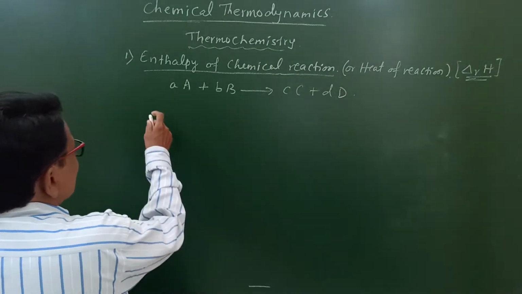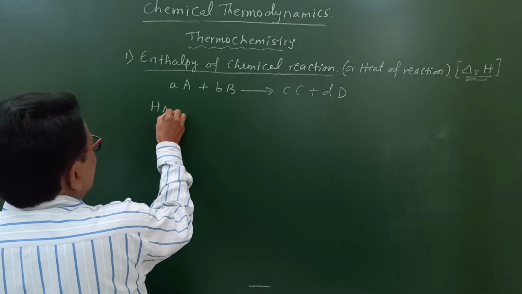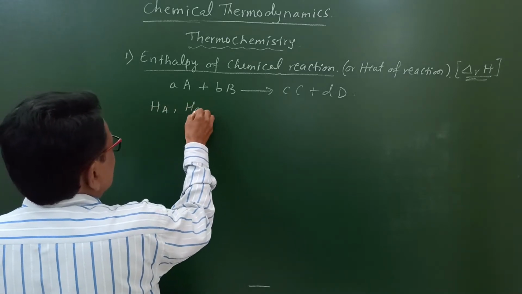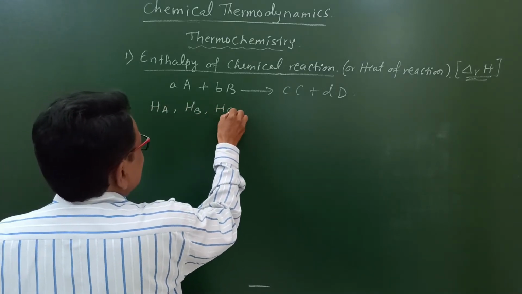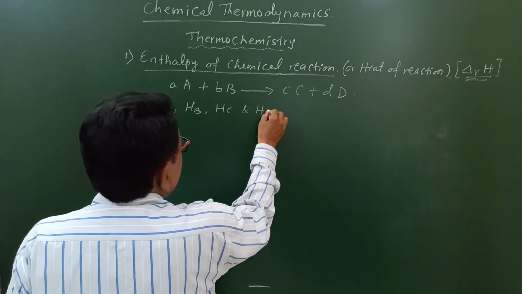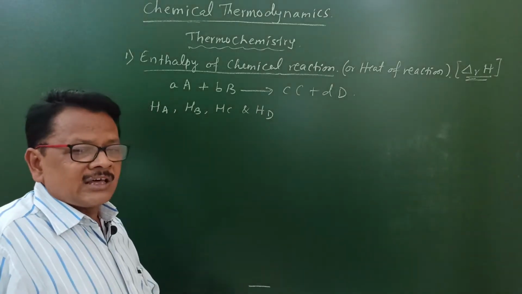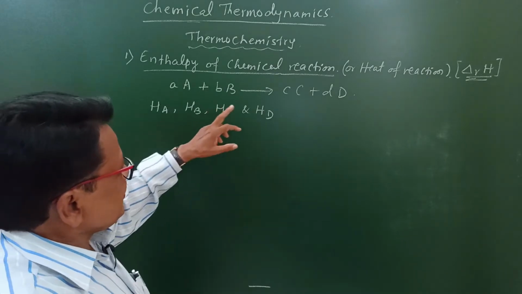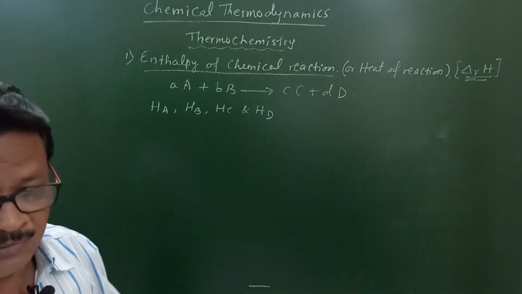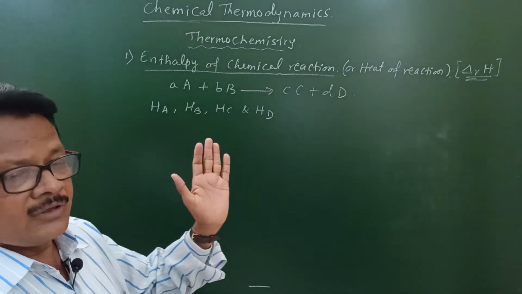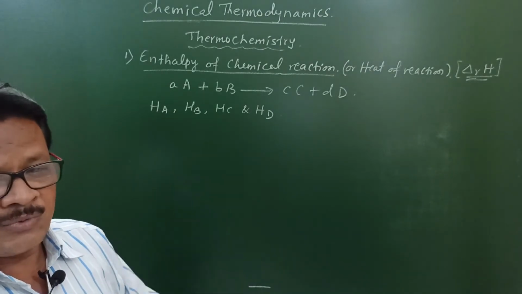And here we are considering HA, HB, HC and HD, which are the enthalpies of A, B, C and D respectively.